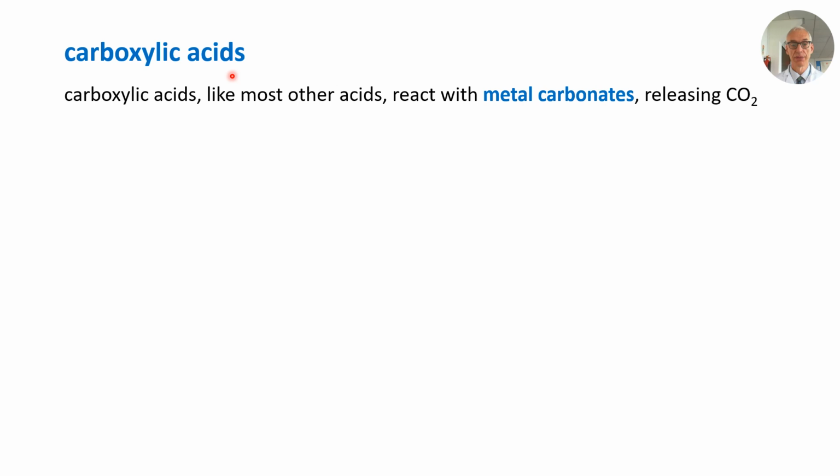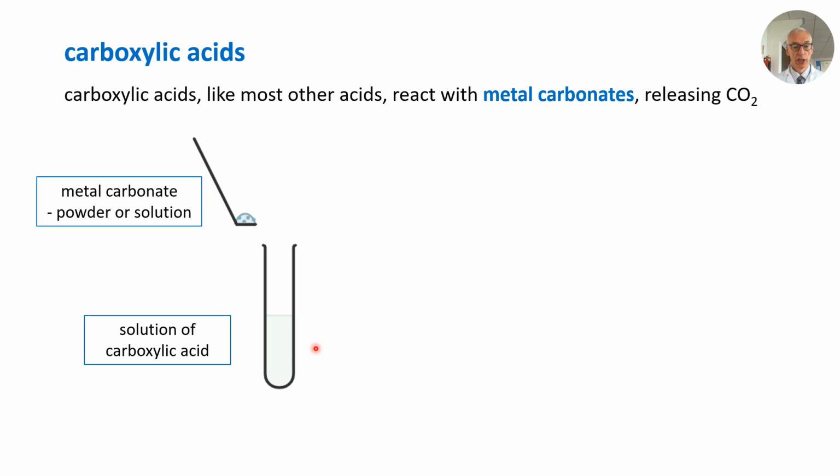Carboxylic acids, like most other acids, react with metal carbonates to release carbon dioxide gas. So if we have a solution of a carboxylic acid, to identify it as a carboxylic acid, add some metal carbonate either as a powder or as a solution.